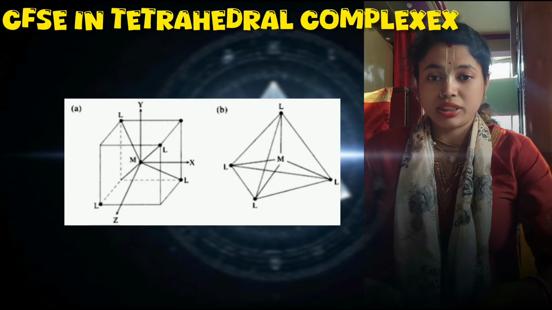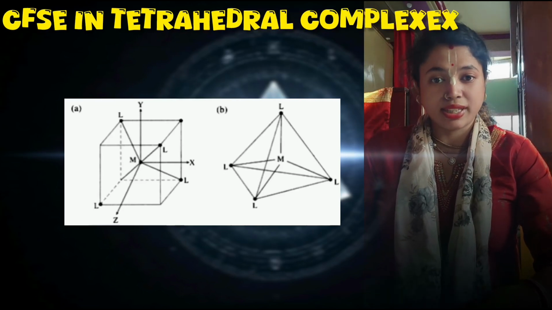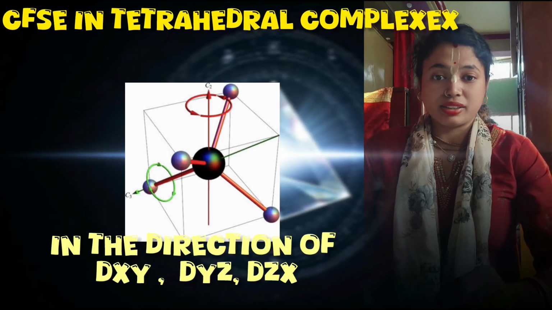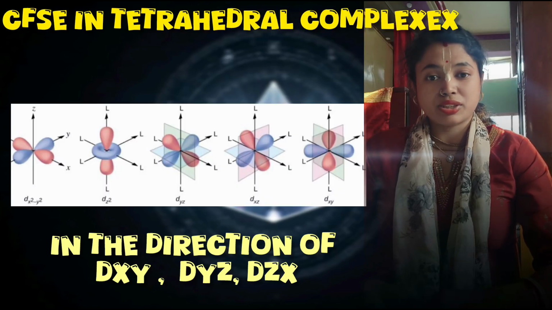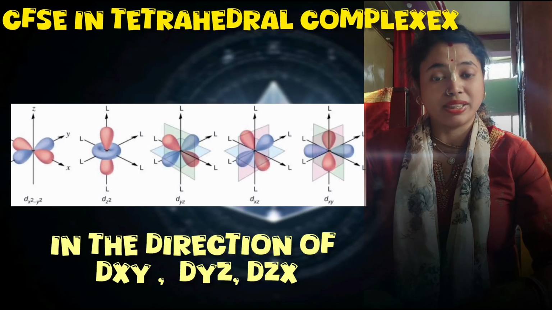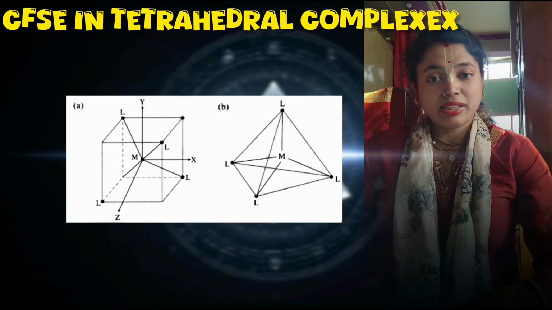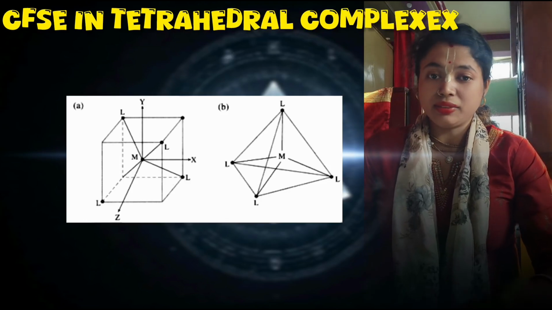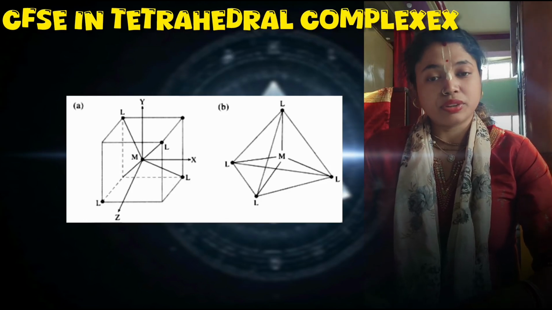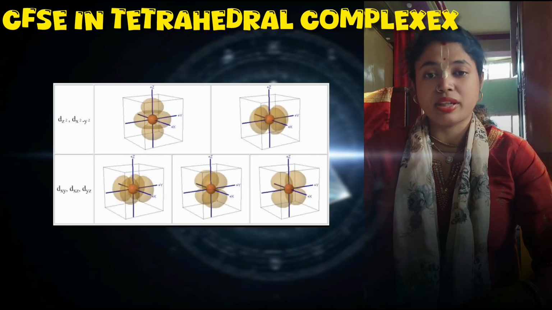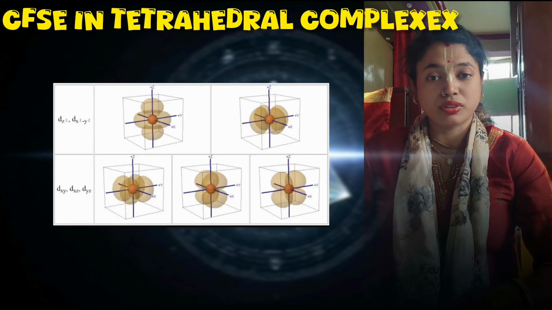If you draw a three-dimensional axis, that is the x-axis, y-axis and z-axis, and put a metal atom in between, then the ligand approaches through the direction of the dxy, dyz and dzx planes. The tetrahedral angle is 109 degrees, so they will approach the metal atom at a 109 degree angle, in the dxy, dyz and dzx planes. This time dz square and dx square minus y square do not cause any repulsion.